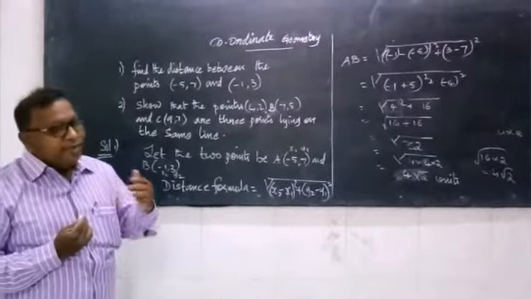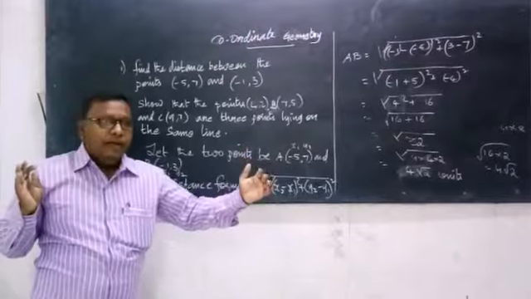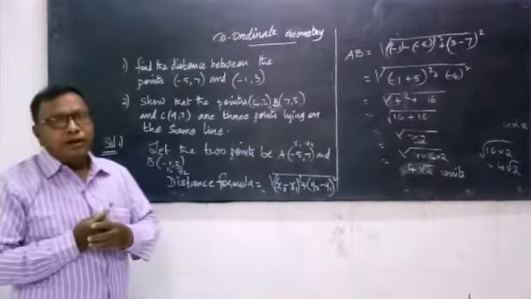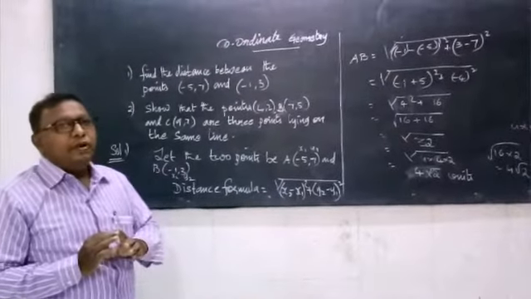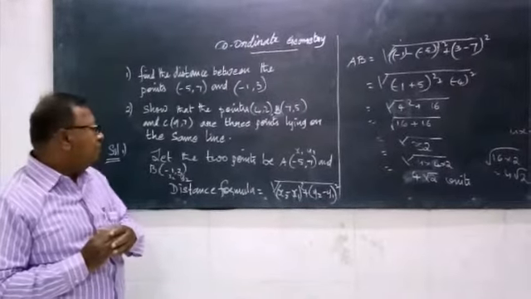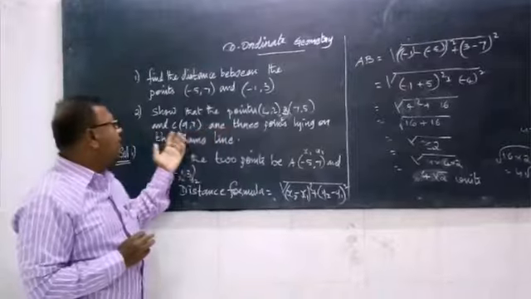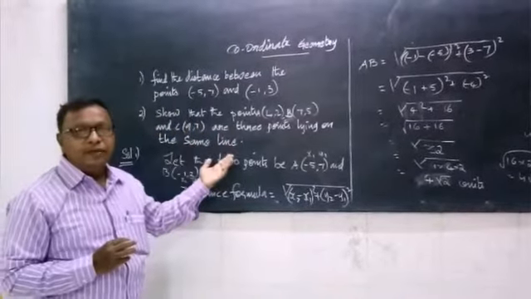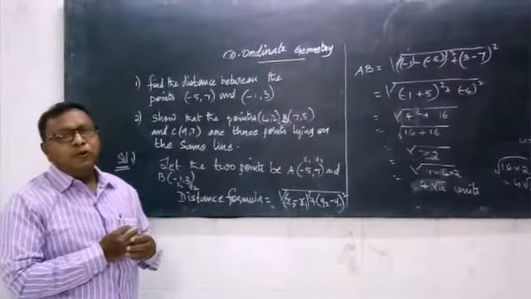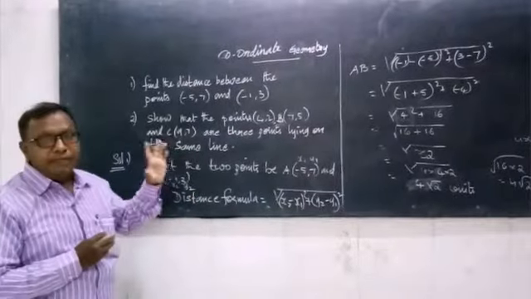Now if we express the sum of 2 parts as the other one, then that is enough here. Again we have to find the distance between the points. We will find the distance between the points first A and B, then B and C, then A and C. Then we will come to know how to show that all the 3 points are lying on the same line.